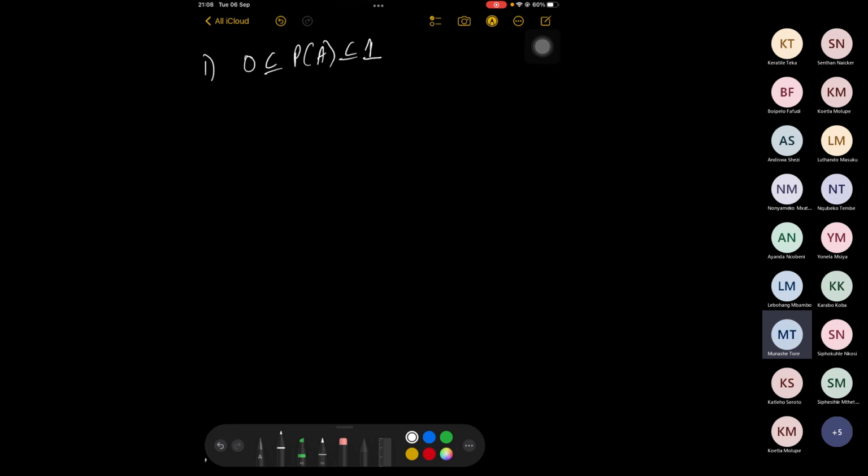But when it comes to the denominator, which is the sample space, we normally make mistakes. Or let me say I normally made mistakes. I don't want to speak for everyone, but that's a common mistake that I usually encountered. So please take note, it's supposed to be between 0 and 1.